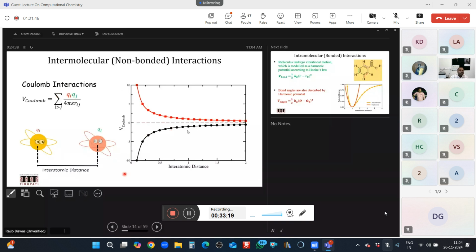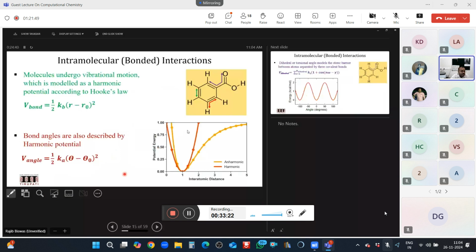Now, in case of bonded interactions, if you have two balls connected with a spring, that can be the very simplest way of mimicking a chemical bond. So that's what we do in the classical simulation. We just say all the chemical bonds are nothing but a harmonic spring. They are actually vibrating around some equilibrium bond distance, which is R0, and with some force constant. So based on the nature of the bond, if it is a single bond, the force constant will be a little bit less.